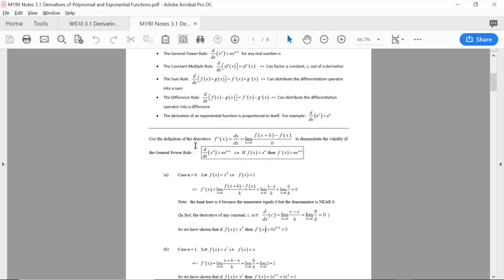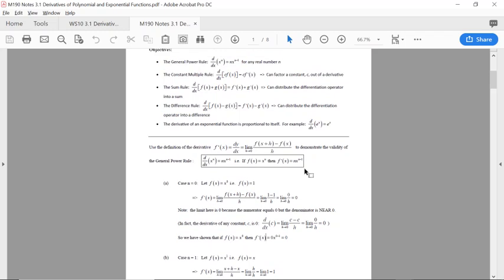Starting with, how do we know that the general power rule is actually what it says it is? That is, when you have a power function, if you take the derivative of that power function, how do we know that we can just move the exponent to the front and then subtract 1 from the exponent?